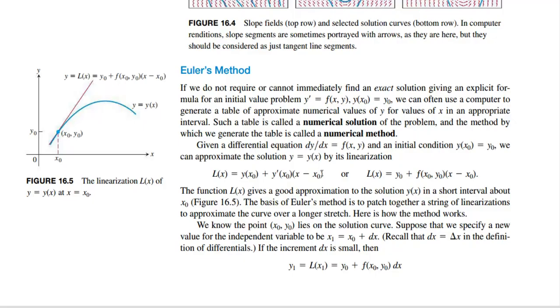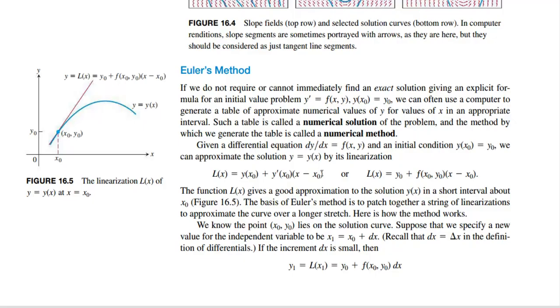If we're given a differential equation dy/dx equals f of x, y and an initial condition y of x0 equals y0, we can approximate the solution y equals y of x by its linearization, L of x equals y of x0 plus y prime of x0 times x minus x0, or L of x equals y0 plus f of x0, y0 times x minus x0.